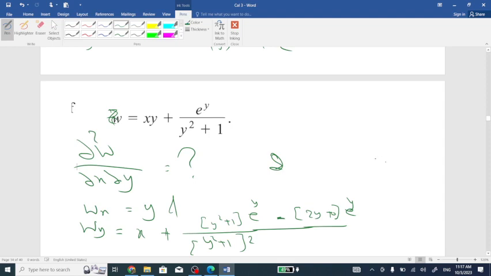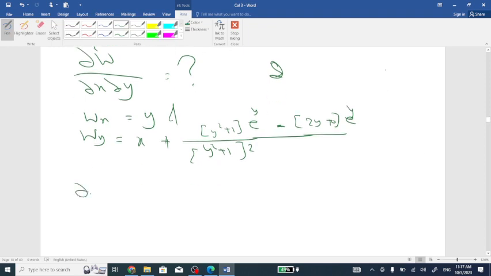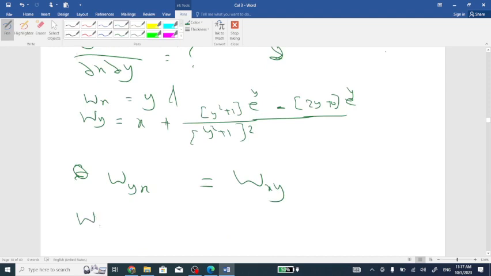So directly, because all of them are polynomial plus that one, you can say, instead of finding wxy, let's find wyx, and because all of them are continuous, I am sure they are equal. So directly I'm going to find wx equal to y, then wxy will be 1.